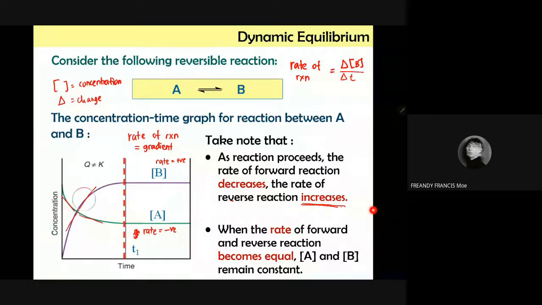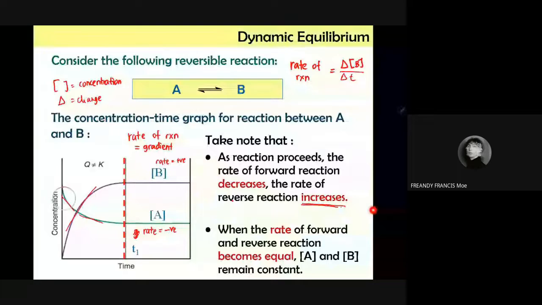Jadi daripada nilai yang besar jadi nilai yang kecil, kita cakap rate of forward reaction iaitu pembentukan B, forward reaction adalah A jadi B. Pembentukan B itu dia semakin berkurangan rate dia. Pada masa yang sama, rate of formation of A iaitu gradient untuk curve yang warna hijau ini, rate of formation it increases.